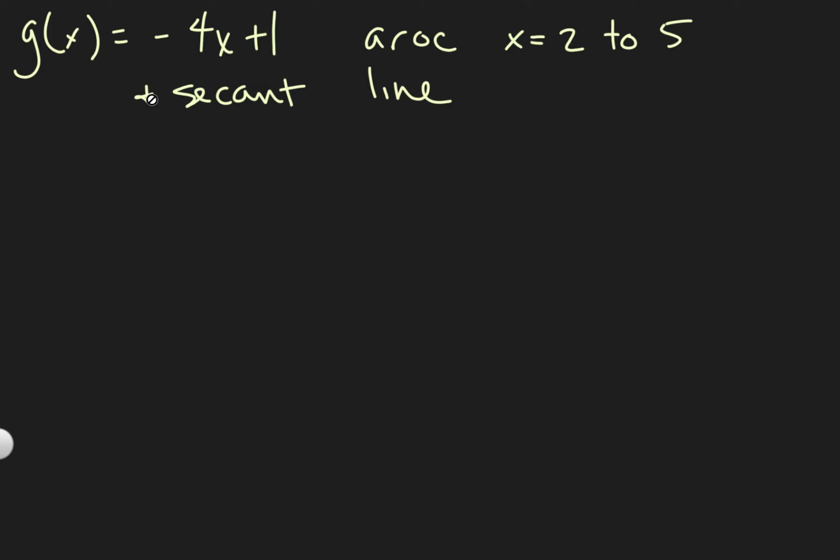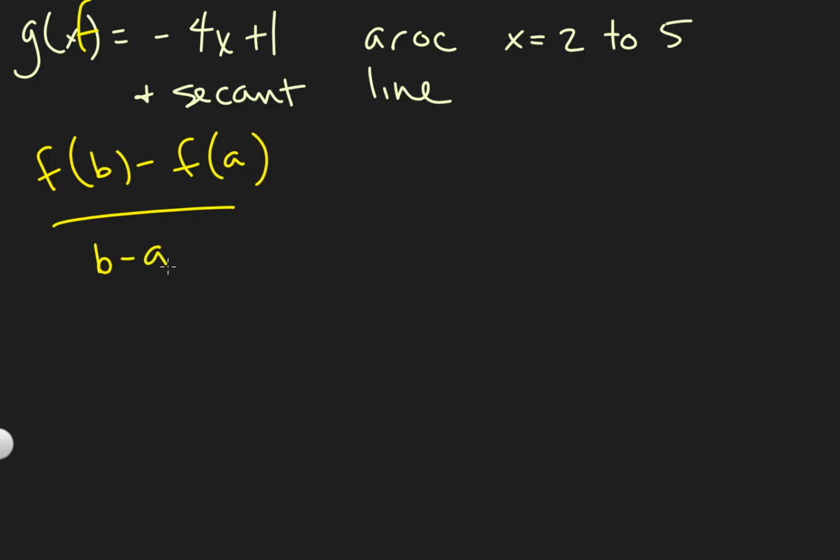So again, my average rate of change is f of b minus f of a over b minus a. So my b is going to be my 5, my a is going to be my 2, and we figure it out.